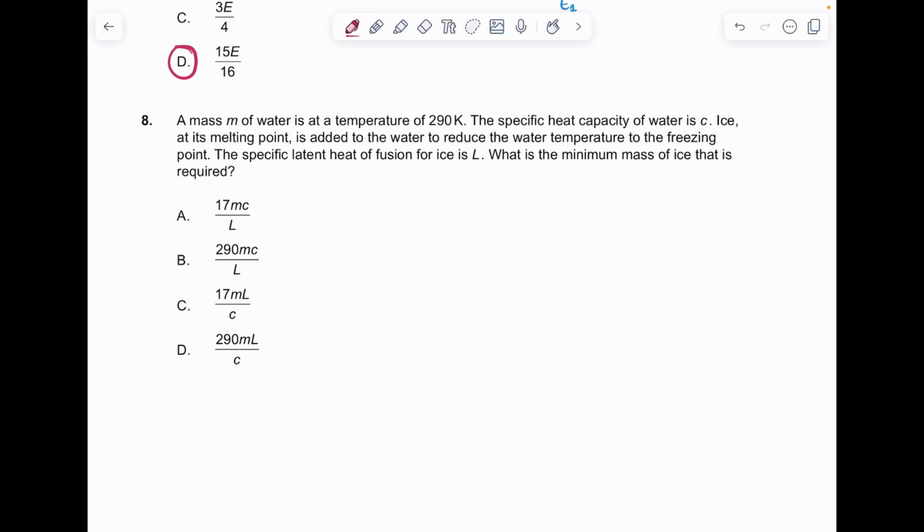So we've got ice going into water. The ice is going to melt. The water is going to provide the energy for that melting to occur. So the energy lost by the water is going to cool down. The energy lost by the water is equal to the energy gained by the ice whilst melting.